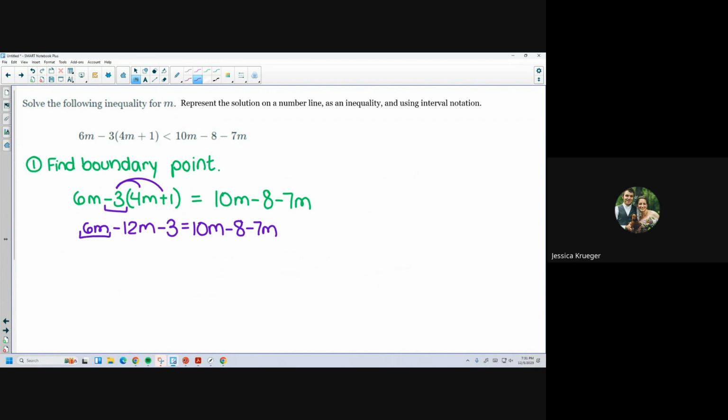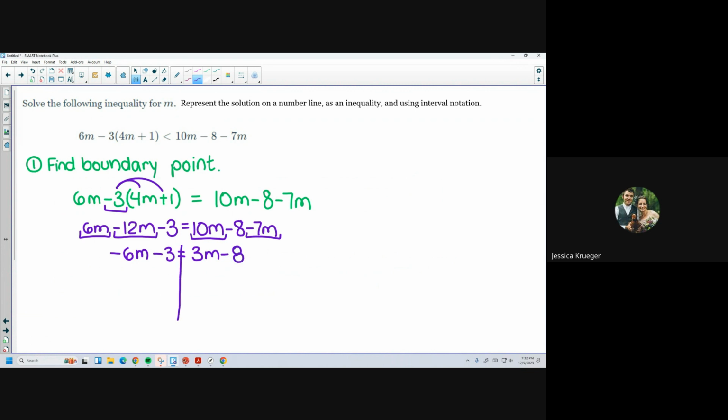I notice I have a 6m minus a 12m. Those are like terms. 6 minus 12 is negative 6. Don't forget to carry your variable down. On this side, I have a 10m and a minus 7m. That's going to give me a 3m minus 8.